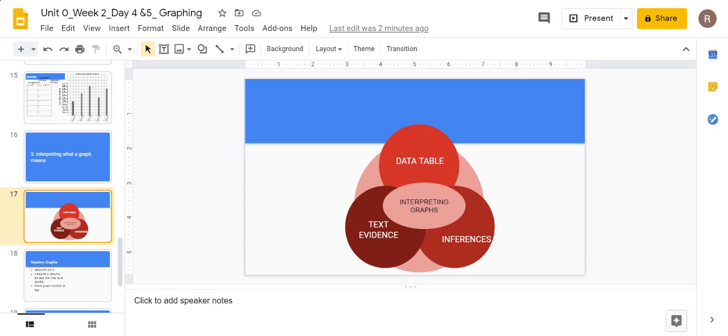So the 3 things that you need to incorporate into your interpretation of what a graph means are the data table, which you just made into your graph, your text evidence, meaning the written information that you gathered during your experiment, and then any inferences you have.